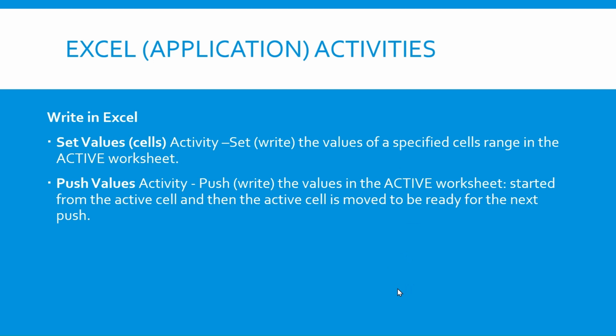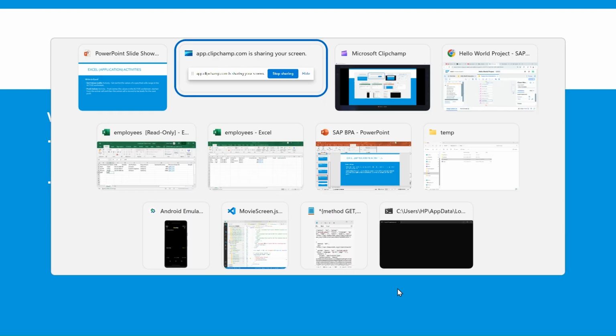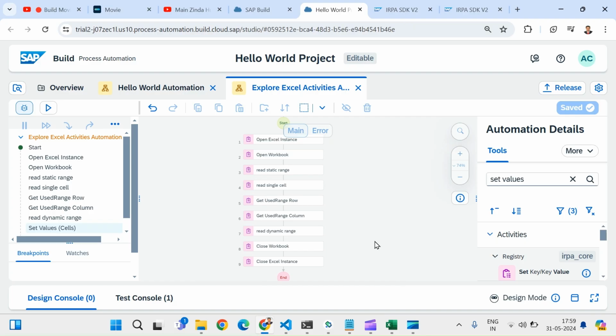Now let's implement this activity in our automation. If you remember, in previous videos we have created this automation in which we read an Excel file called employees Excel file. We have implemented these steps, which are open workbook and read values.